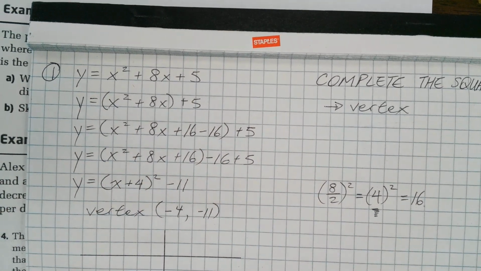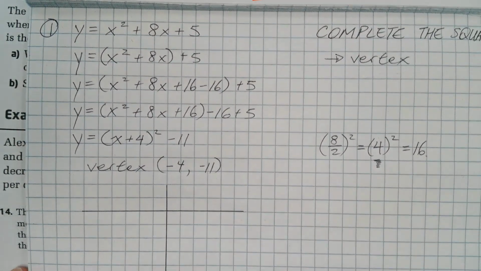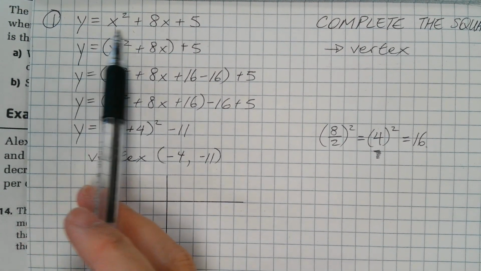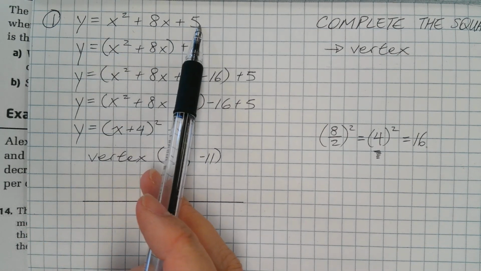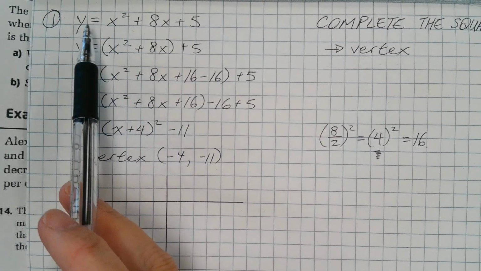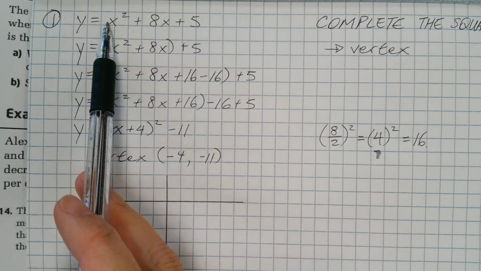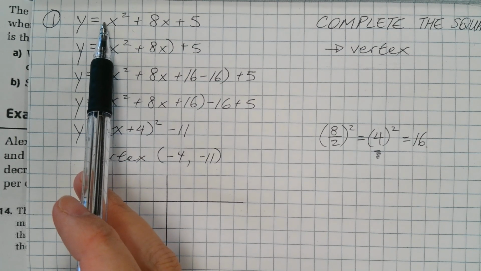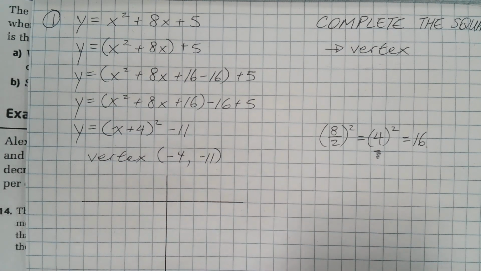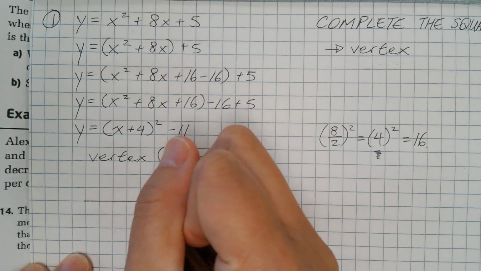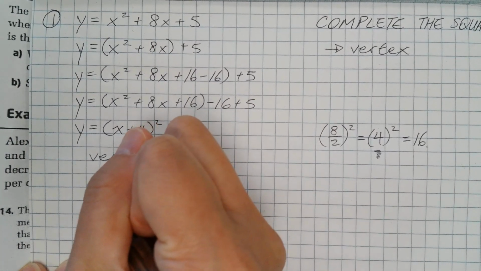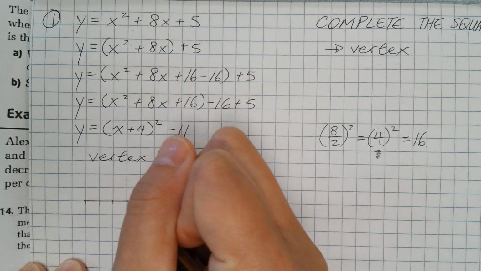Okay, so let me just draw this. Looking at the equation, how do I know this opens up? Right, the a is positive. Your a is 1, so it's positive. It opens upwards. So if I were to do a quick little sketch, 1, 2, 3, 4.